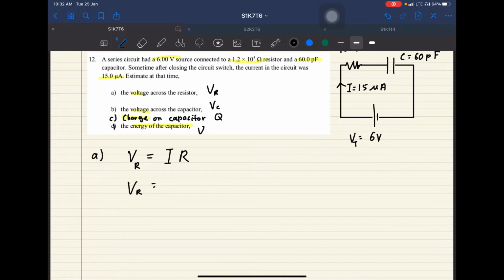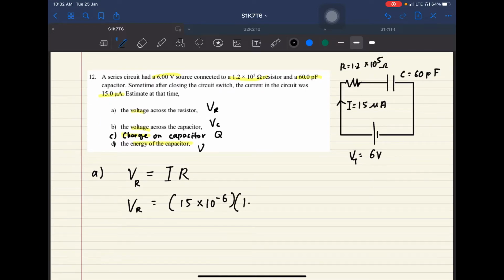So VR is equal to 15 times 10 to the negative 6 multiplied with 1.2 times 10 to the power of 5. If you calculate, you should get 1.80 volt. And since this one is V terminal, that means the VR is over here, because the next question wants you to find the VC.